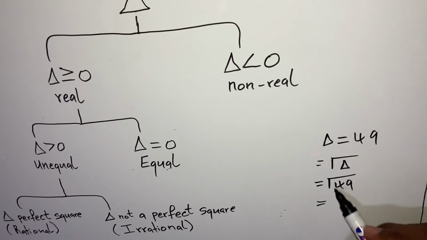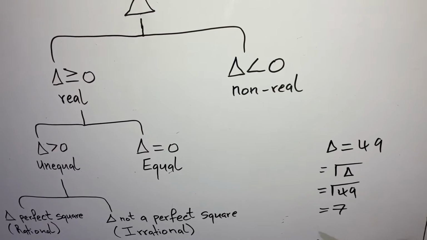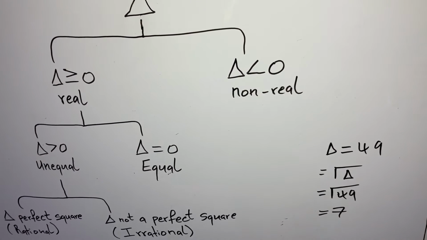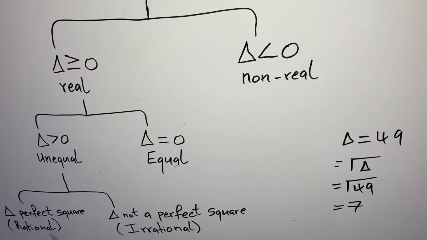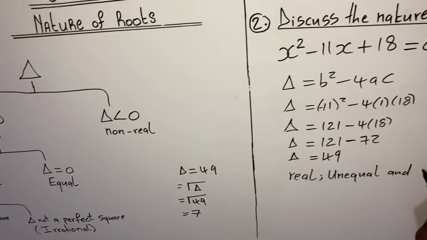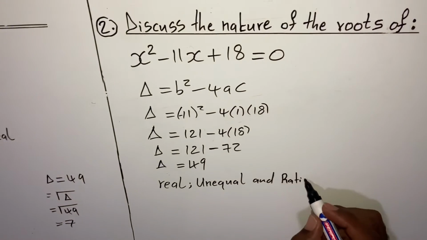And the square root of 49, it's a 7. So my delta is a perfect square. So delta being a perfect square, the comment you'd use is rational. So, and last comment, rational.